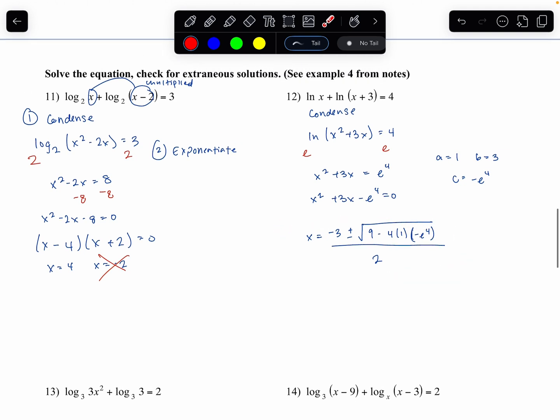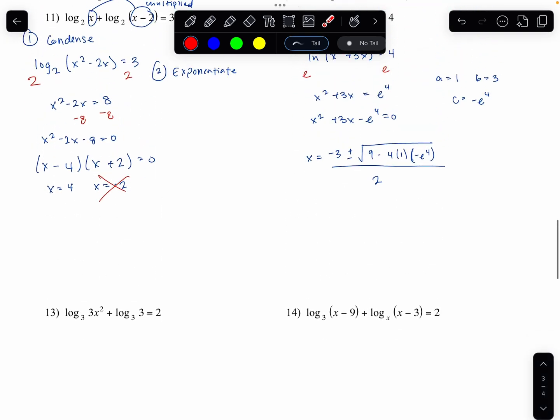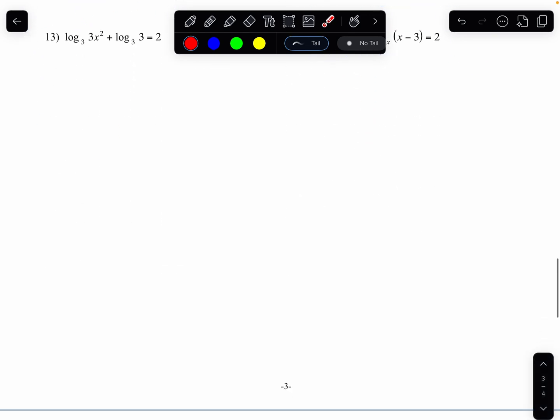Also keep in mind that both of these solutions might not be a solution, since one might be extraneous, but as long as you get here, I'll be pretty happy, all right? We'll save using the quadratic formula for when we don't get constants like e to the 4th power, because that's just annoying to work with. But let's move on.